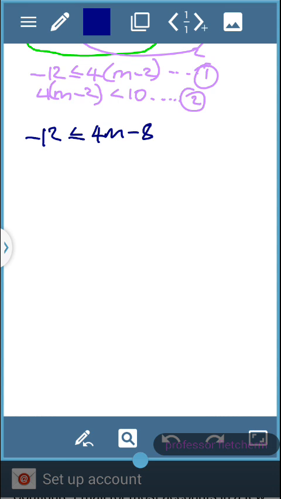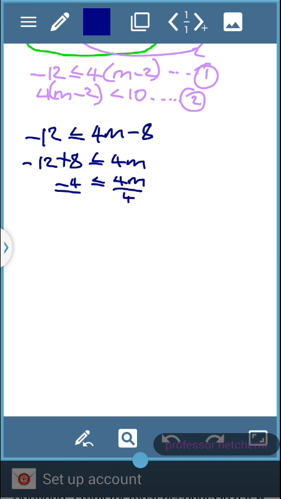So minus 12 plus 8 is smaller than or equal to 4m. This gives us minus 4 is smaller or equal to 4m. We divide both sides by 4.